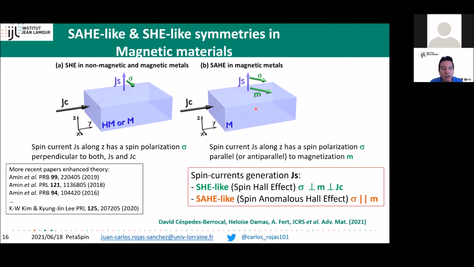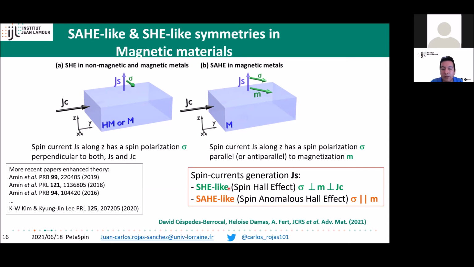In recent years there have been more theoretical works, and I will not go into detail, just to mention that we can summarize these two symmetries as we have shown in this recently published work. The spin current generation in a magnetic material, we can consider with two symmetries.